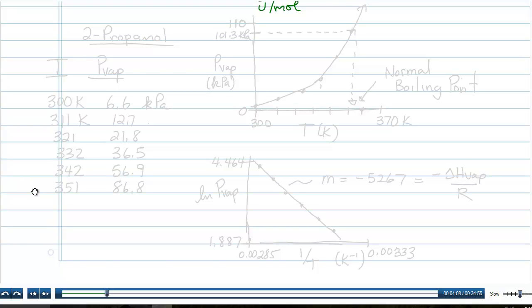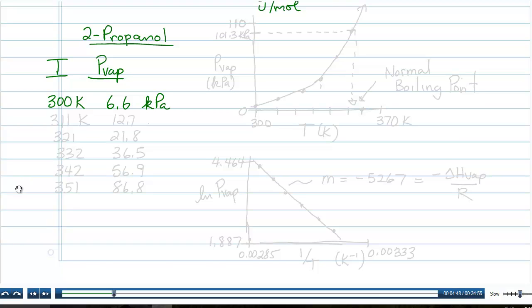I'm going to give you the vapor pressures of 2-propanol at several different temperatures. So P vap and temperature. Okay. The temperatures we'll look at, I'll give you the Kelvin temperatures. So we'll say 300 Kelvin. The vapor pressure is 6.59, we'll say 6.6 kilopascals.